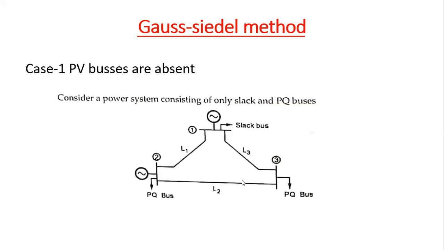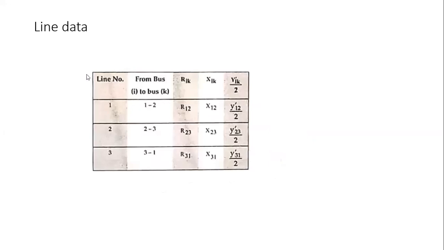Next, by using this power system network formula, we find out the bus quantities and the line data. This is line number 1, with buses from I to K, the resistance, reactance and admittance Y'IK by 2. The first line is from bus 1 to 2, the second line is 2 to 3, and the third line is 3 to 1.